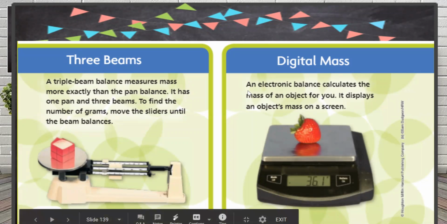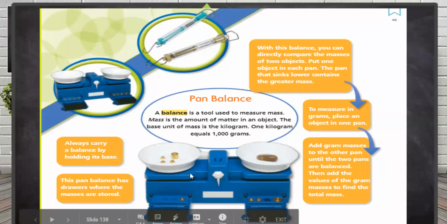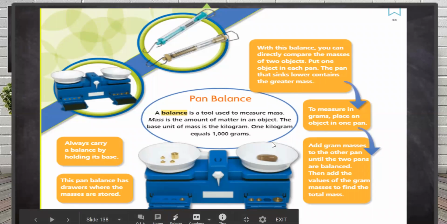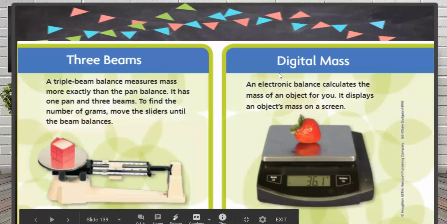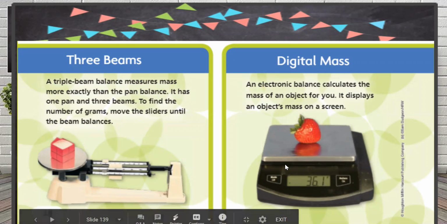A digital mass is an electronic balance that calculates the mass of an object for you. You put an object over here to know the weight, to know the grams. A pan balance, you need to do it manually. But a digital mass will calculate the mass for you.